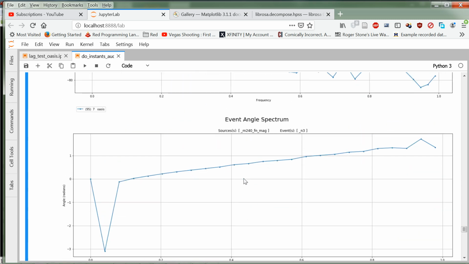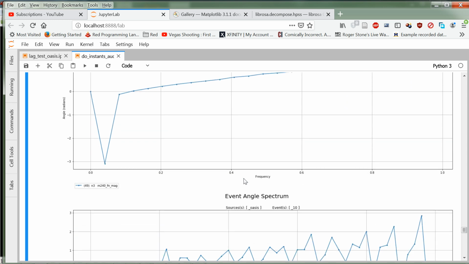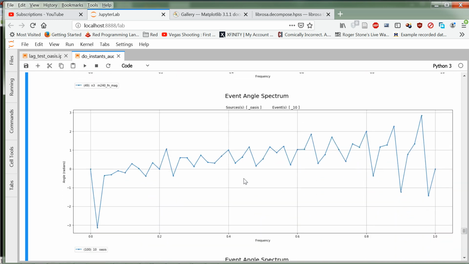Okay, that's for the machine gun. And this one's interesting. Okay, this is for volley 10. What this basically says is, if we look at it from here to here, you notice they're very similar, but they're expanding in amplitude.